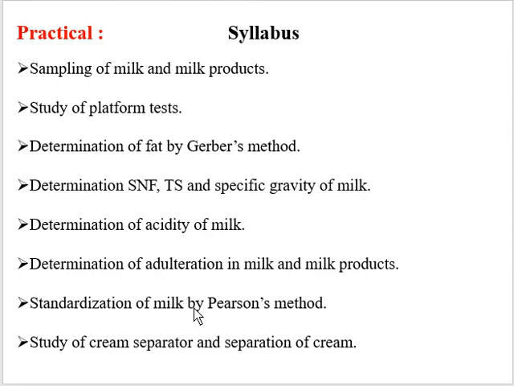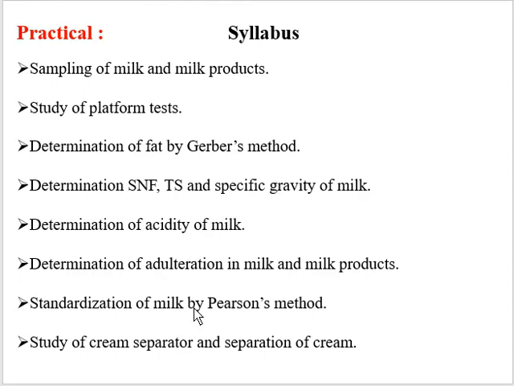This is the specific gravity. Then determination of acidity of milk. The acidity of milk is generally determined by the titration method with the help of NaOH alkali.